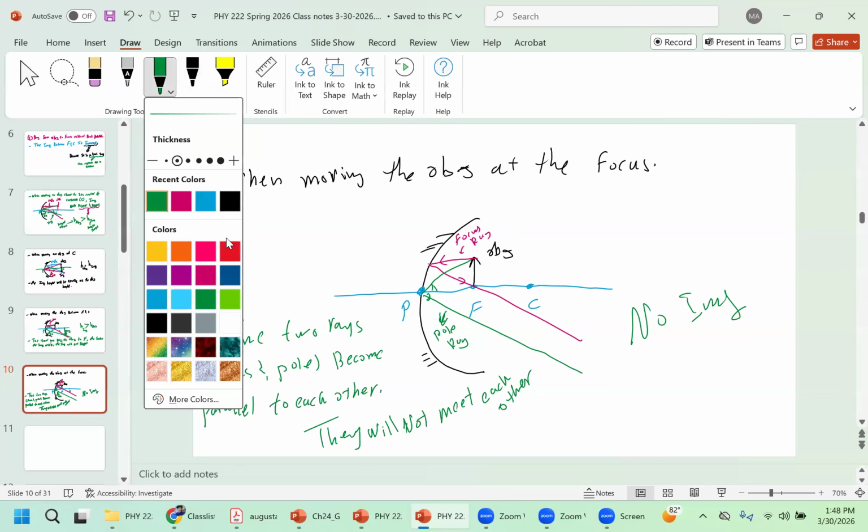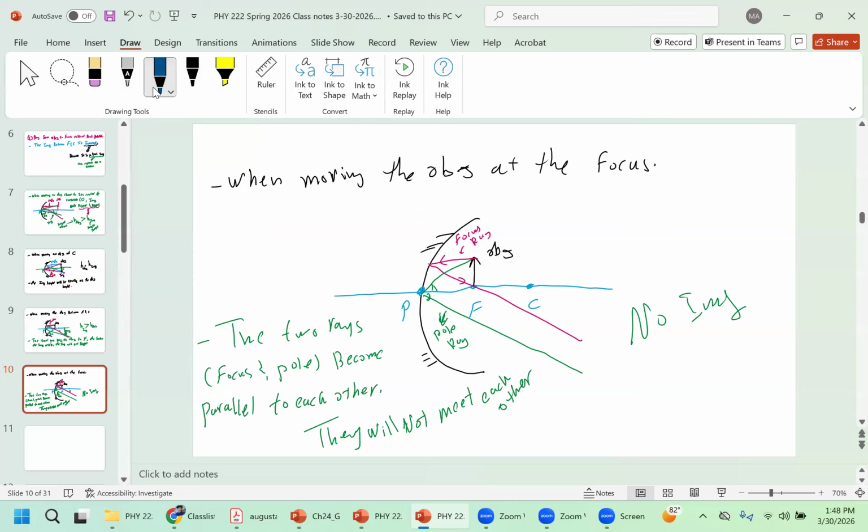Are you with me? This happens at the focus. Yeah, when you're at the focus, exactly. Okay? The two rays, the focus and the pole, become parallel to each other. That means they will not meet. When you say they will not meet each other, that means there is no image.